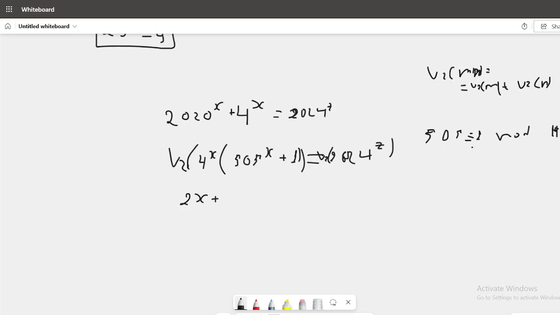And 505 to the power of x will always be congruent to 1 mod 4, and this will always be congruent to 2 mod 4. And it will never be divisible by 4, so the most possible value of this, the power of 2 that could divide this, is 1.